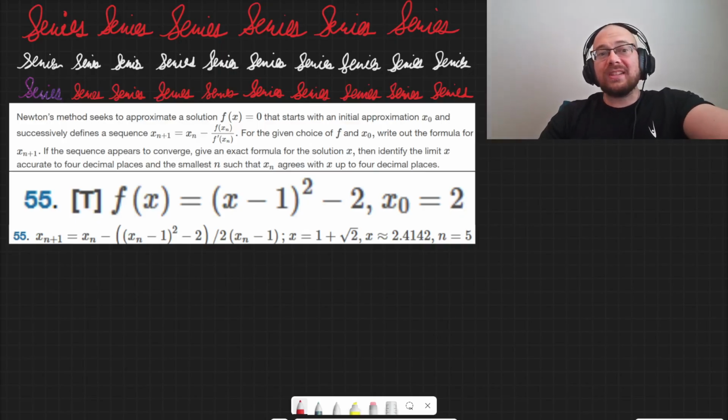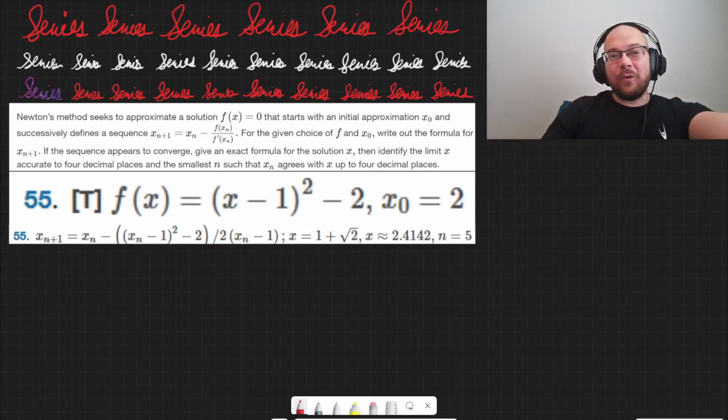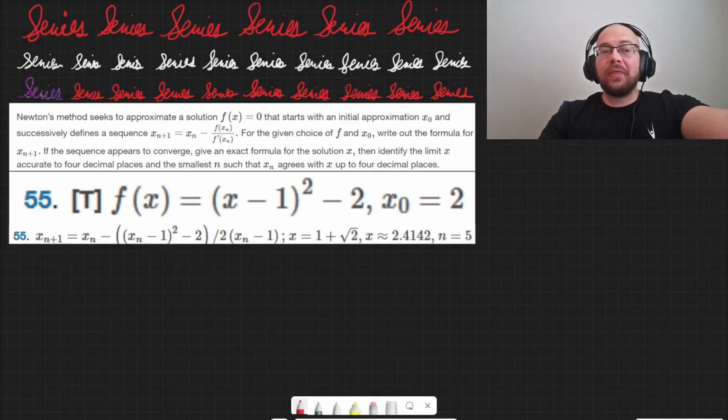If the sequence appears to converge, give an exact formula for the solution x, then identify the limit x accurate to 4 decimal places and the smallest n such that x sub n agrees with x up to 4 decimal places. So again, that is quite the mouthful, but knowing what the book decides is all the answers that you need to have will maybe help with some of the others as well.